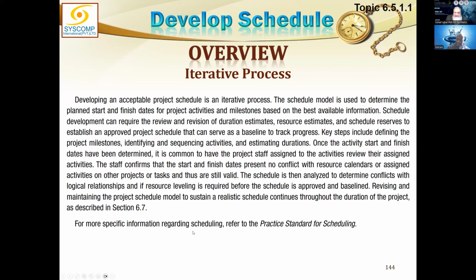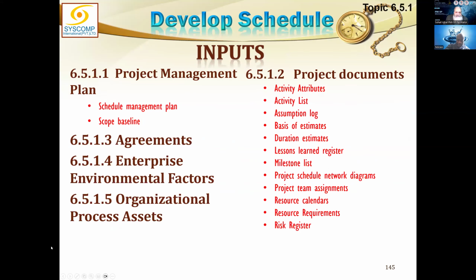For more specific information regarding scheduling, we will refer to the practice standard for scheduling. But for the time being, I am quoting all the things from the Guide to the Project Management Body of Knowledge, specifically the scheduling part of it. Anyways, I have already explained, these were the inputs.